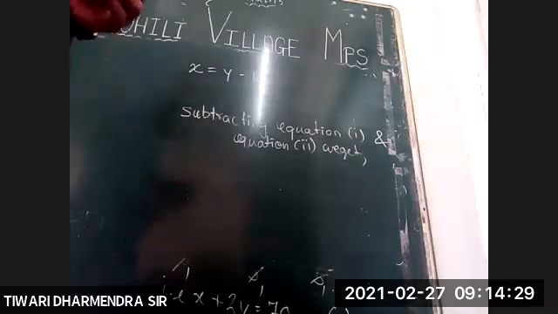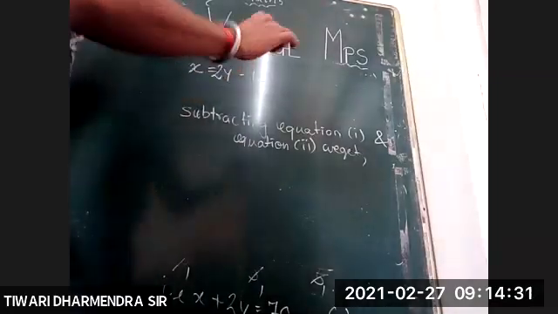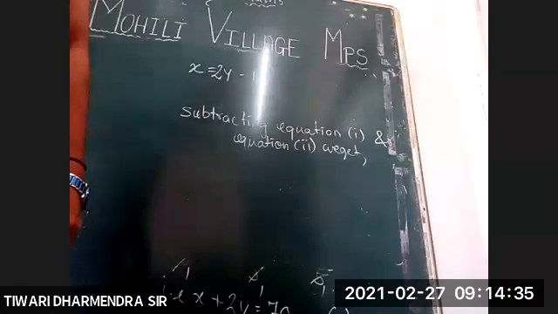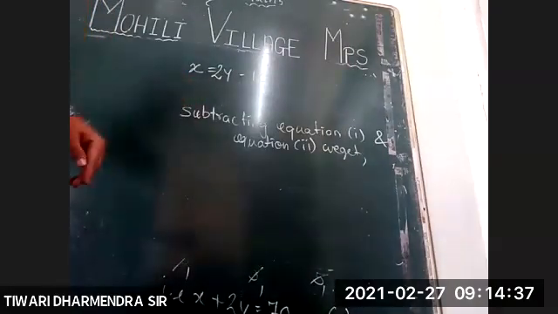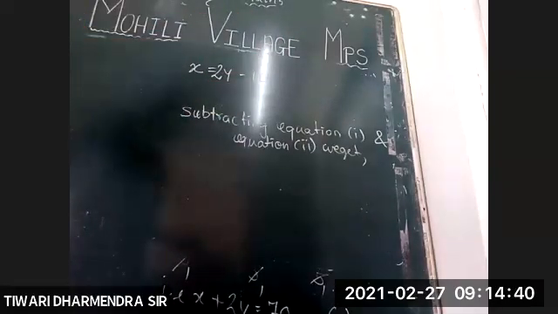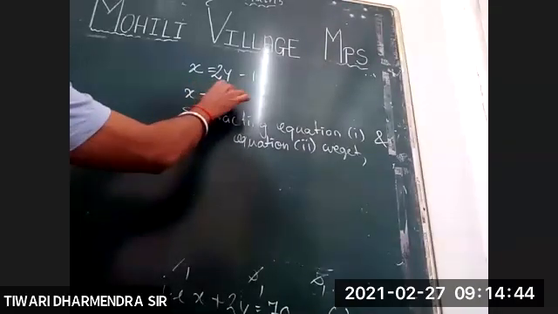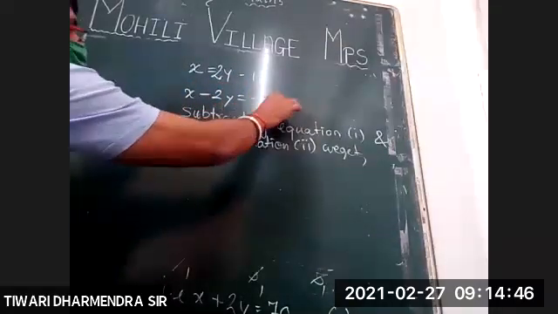So what we will be having? We'll be having X equal to twice the 10 rupee note minus 10 rupee note. Okay. So subtracting equation 1 and 2, what we will get? This is X minus 2Y equal to minus 10.